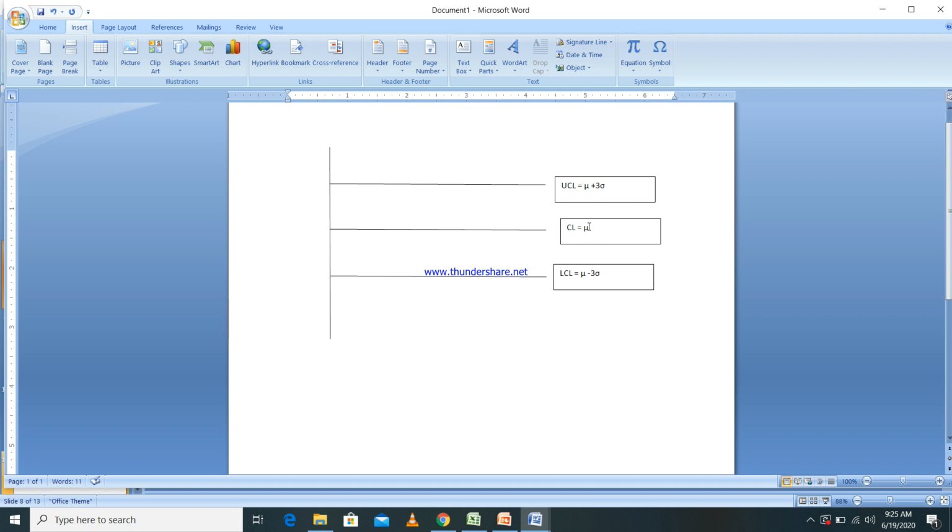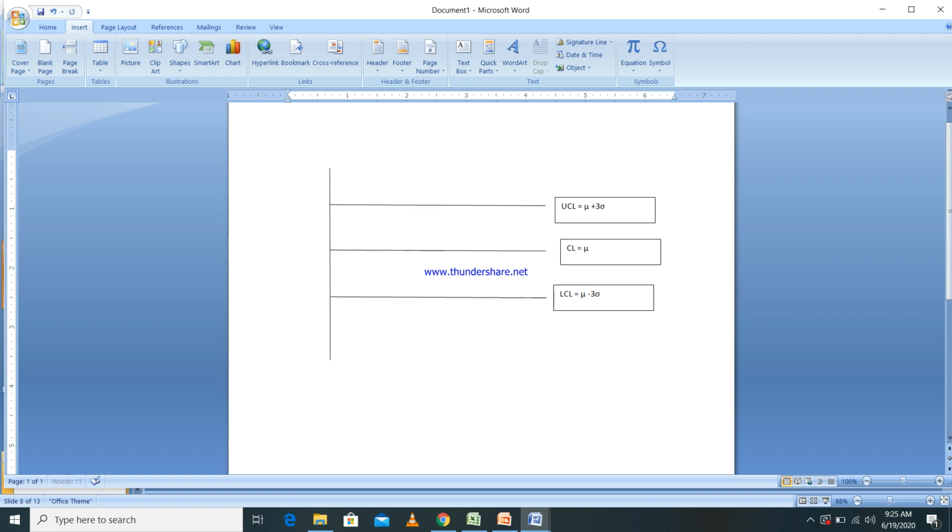In this case they have given you the mean value is equal to 50. So when you are constructing the control chart, you can take the mu value as 50, which indicates the central line you have to plot with the value 50.